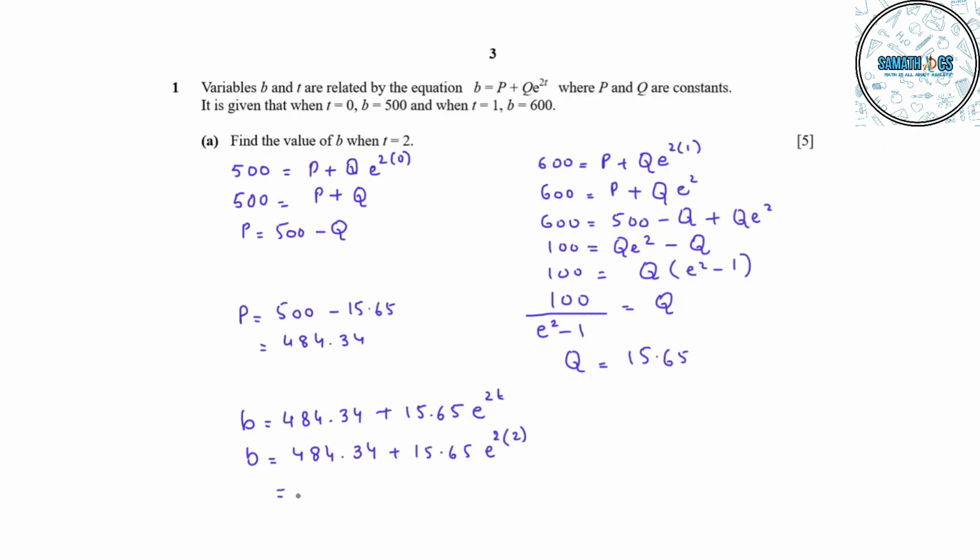When you solve it using a calculator, you will get 1338.8, which will round off to 1339.